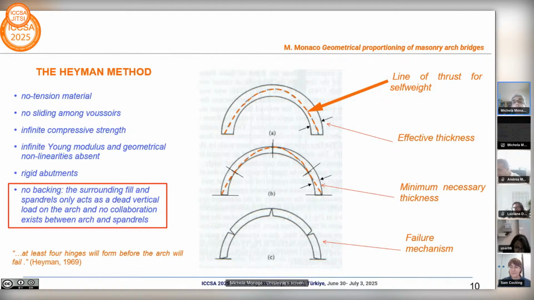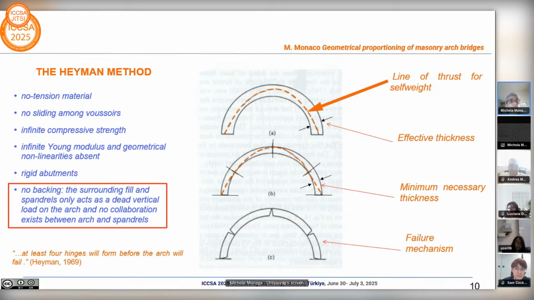In this case, the failure mechanism is that due to the self-weight, and so the number of hinges present is 5, while according to the Heyman approach, at least 4 hinges will form before the collapse.